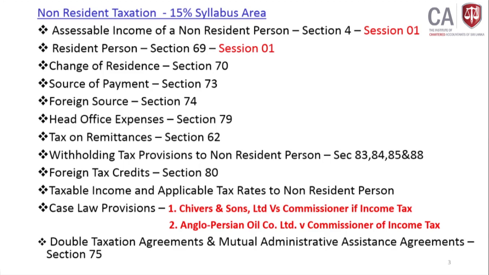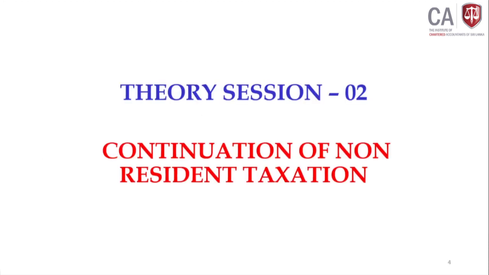That is the continuation discussion of session 1, which is session 2. Now you have the understanding of what we are going to do. This is theory session 2, the continuation of non-resident taxation.